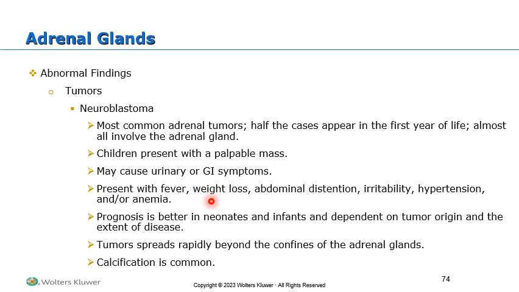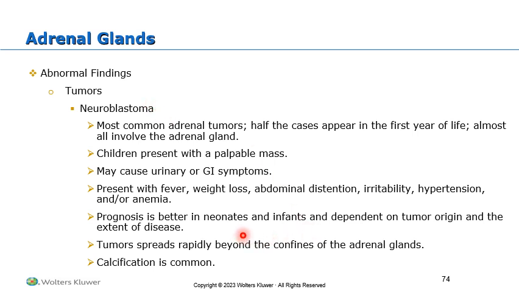Now, if we look at this, why does it cause hypertension? Well, it's affecting the medulla. The medulla causes release of epinephrine and norepinephrine. That causes our heart to beat faster, our vessels to constrict, and our pulse to increase. So a lot of this is going to be due to the origin of this tumor.